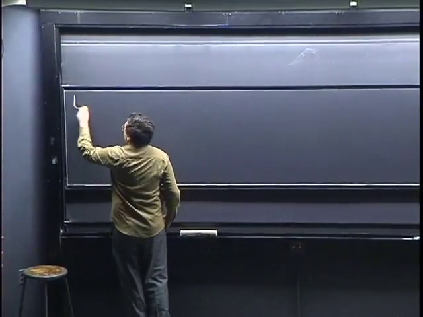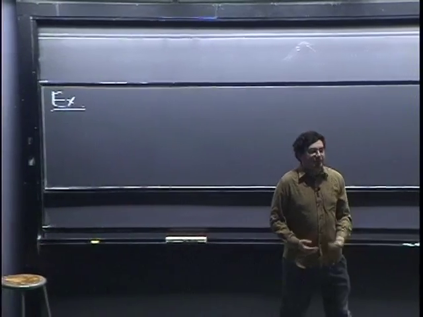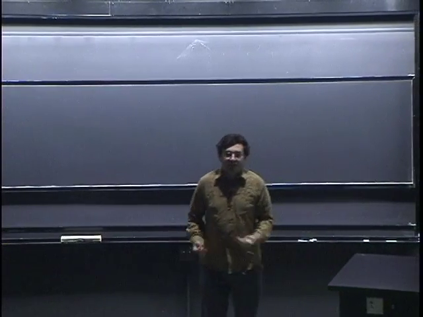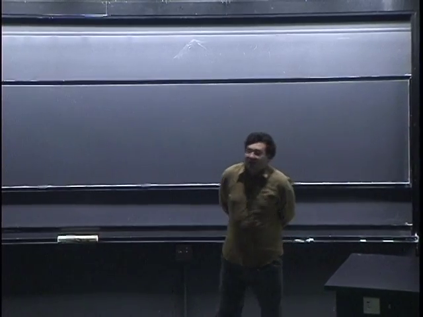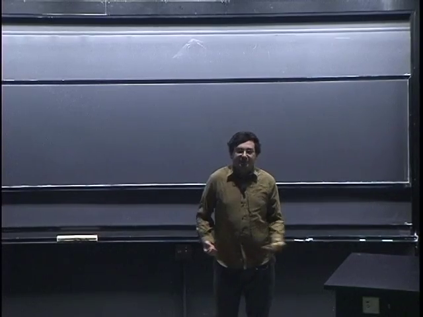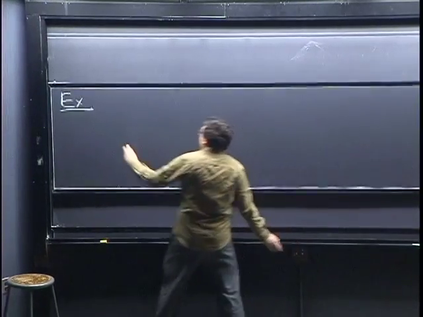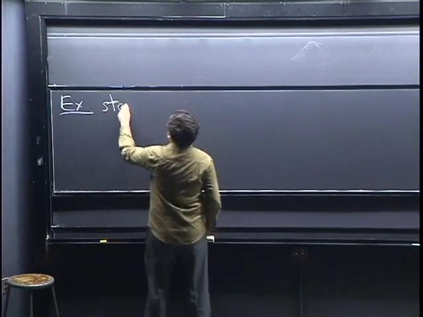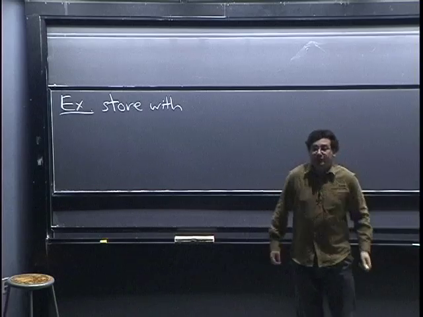All right, so suppose you have a store and different customers show up at your store and spend different amounts of money. This doesn't have to be about a store and customers, but to have a concrete example, I'll say it that way. That's clearly a very general type of setting that would come up in a lot of cases. So I'll just say store with a random number of customers, but you can make up your own story for it.